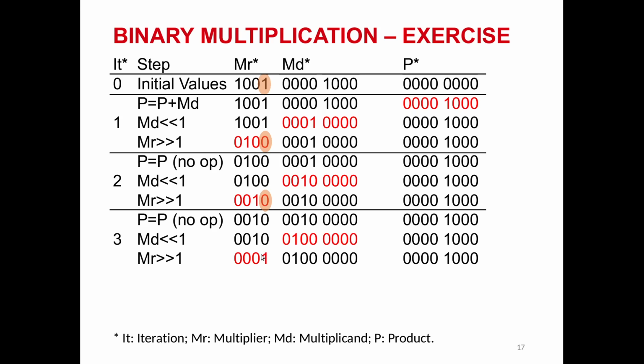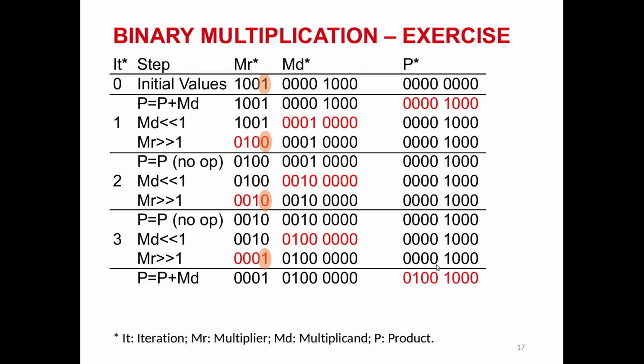the least significant bit of the multiplier now is 1, as you can see here. So we know that if the least significant bit of the multiplier is 1, we will need to add the multiplicand together with the product. So the new value of the product will be this value plus this, and you can see it will be 1 here plus 0 here, so it will be 1 here.